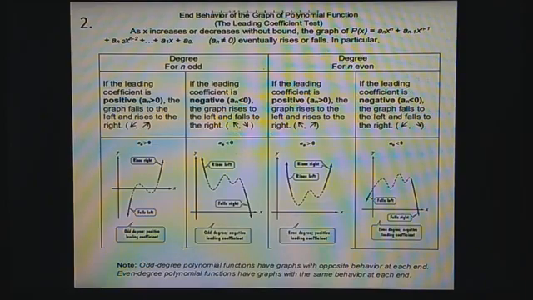So, as x increases or decreases without bound, the graph of p of x equals a sub n, x raised to n, plus a sub n minus 1, x raised to n minus 1, plus a sub n minus 2, x raised to n minus 2, and so on, a sub 1, x plus a sub 0. Again, a sub n should not be equal to 0. Eventually, rises or falls in particular.